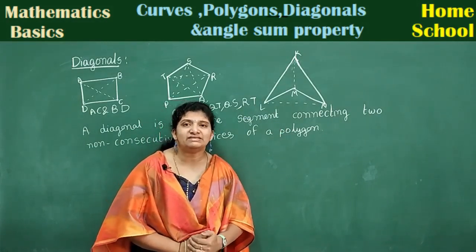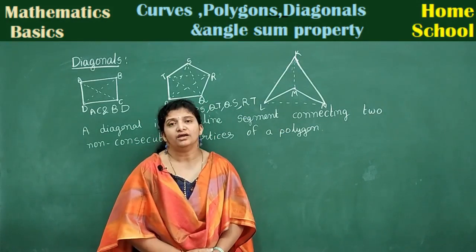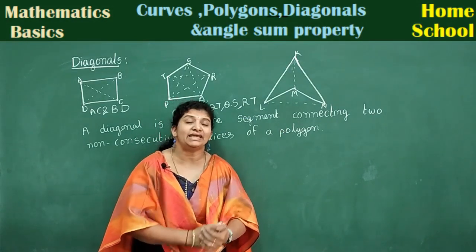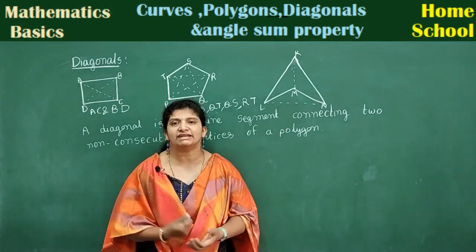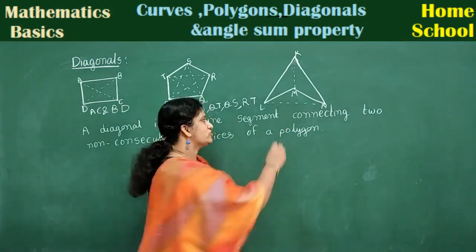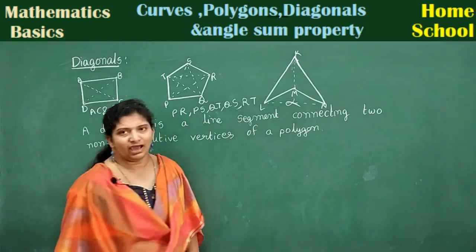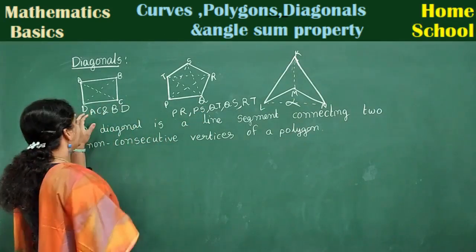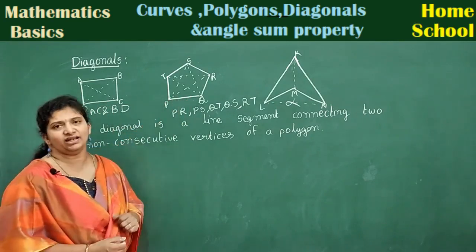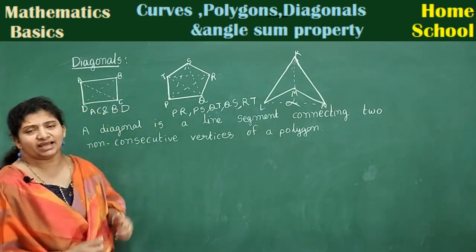Diagonals will be inside the polygon. Diagonals will be in the interior of a polygon. In the exterior of a polygon, you cannot call it a diagonal. So, this is not a diagonal. And you have one question there. Is PQ a diagonal or DC a diagonal?